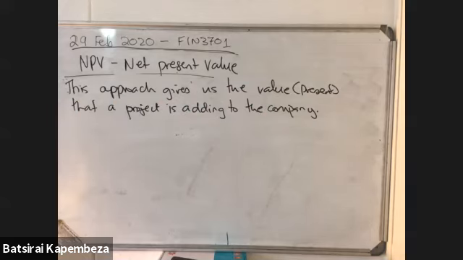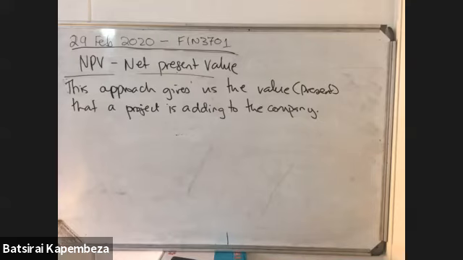Now, with our NPV, the basic idea behind the calculation is that we take the sum of the present value of all future cash inflows and we subtract the initial investment.